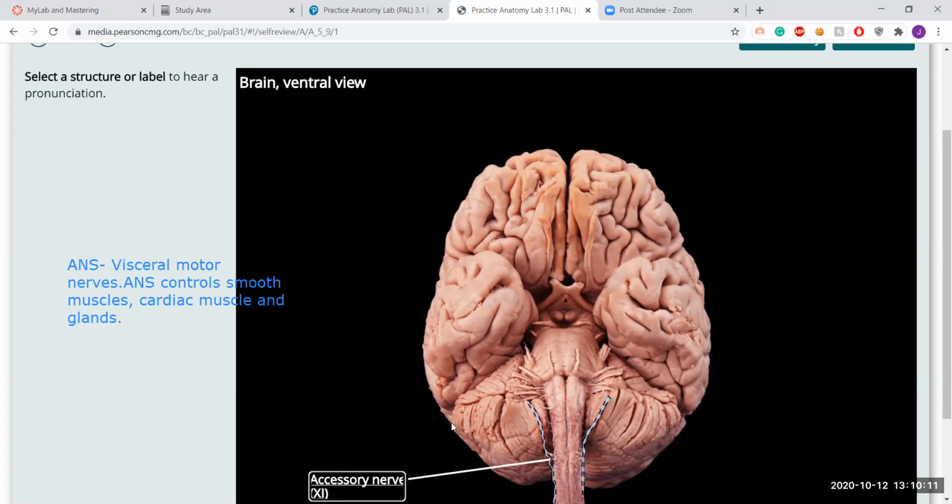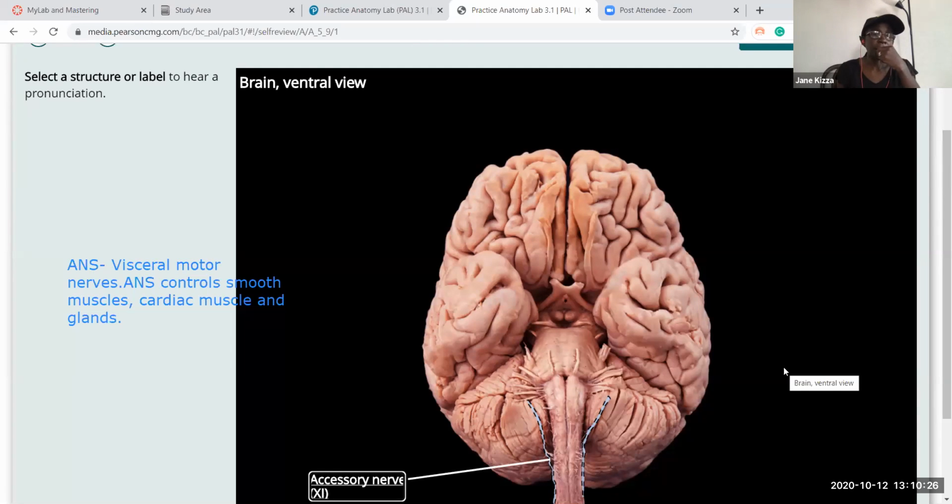So these are the cranial nerves. Why do we call them cranial nerves? Because they exit from the skull, the cranium. That's why we call them cranial nerves.